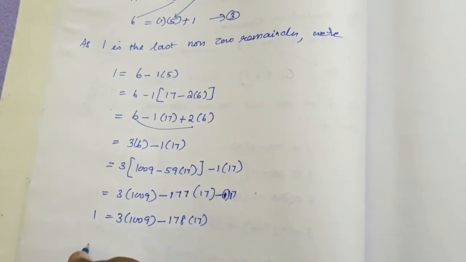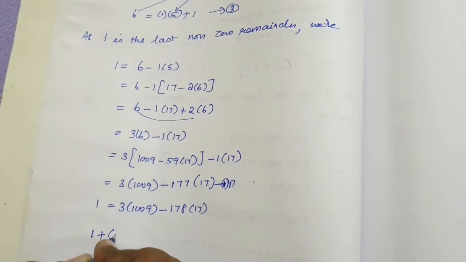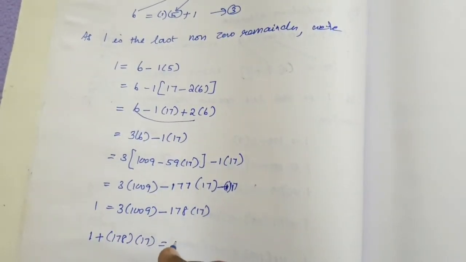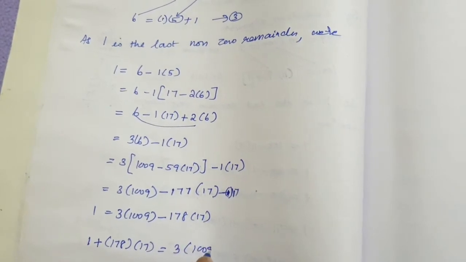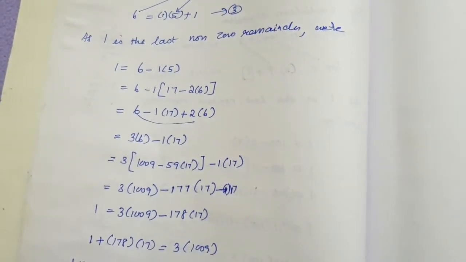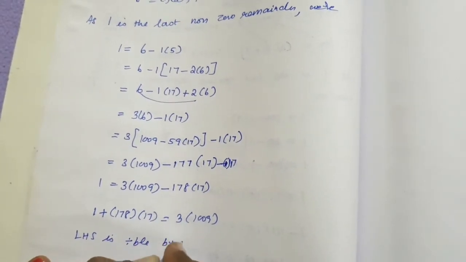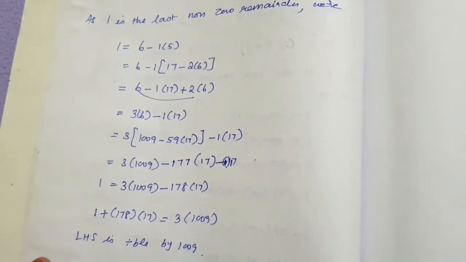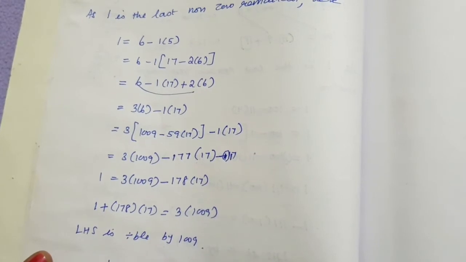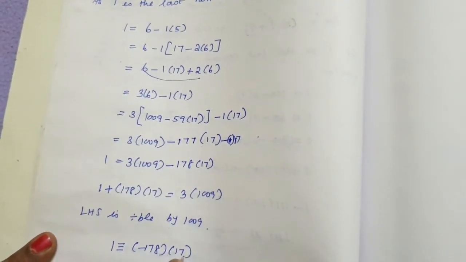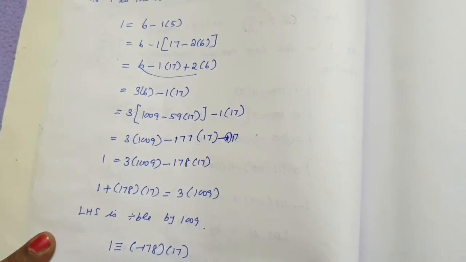So this will be written as 1 plus 178 times 17 is equal to 3 times 1009. So the left hand side is divisible by 1009. So 1 is congruent to minus 178 times 17.